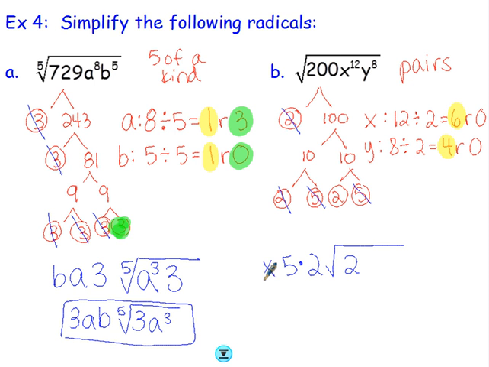There are 6 X's outside and 4 Y's outside. The 0 and 0 tell you what is left inside. There are 0 X's inside and 0 Y's inside. So our final answer, 5 times 2 is 10, X to the 6th, Y to the 4th, square root of 2.